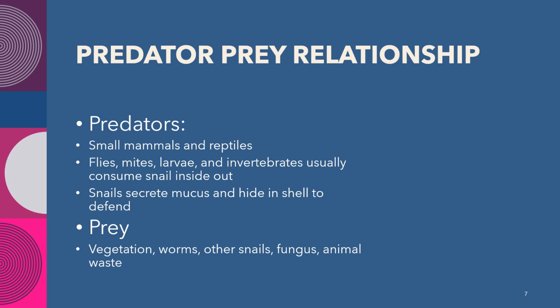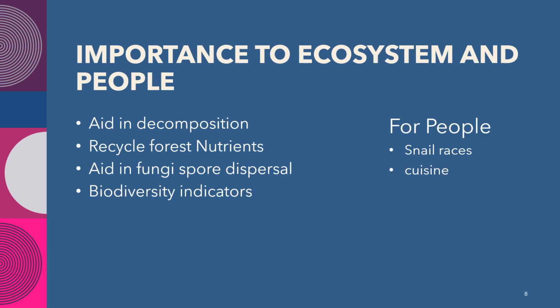Depending on the species, snails can be herbivores, omnivores, or carnivores. Usually they either eat vegetation, fresh or rotting, fungus, and animal waste, or, if carnivorous, worms and other snails. Snails are incredibly diverse and as such play a super important role in many different ecosystems.